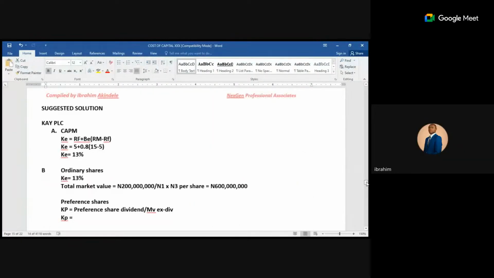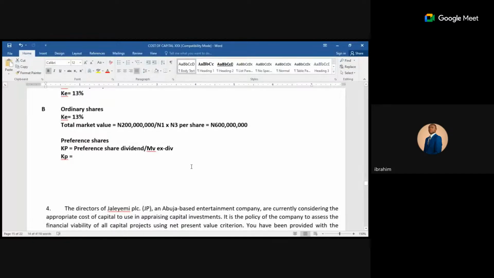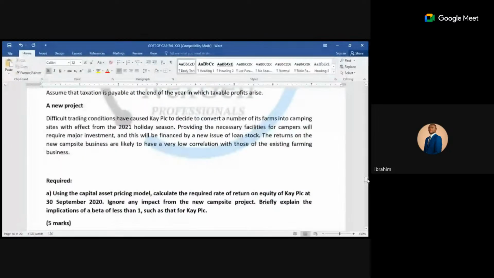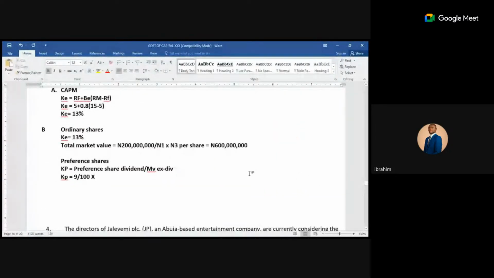Do you know why we can convert that 9% to naira? We can say 9 divided by 100 times the nominal value of the preference shares. What is the nominal value of the preference share? 1 naira. Sometimes they will want to test your knowledge. You say 9%, how come dividend is 9%? Dividend should be in naira per share.